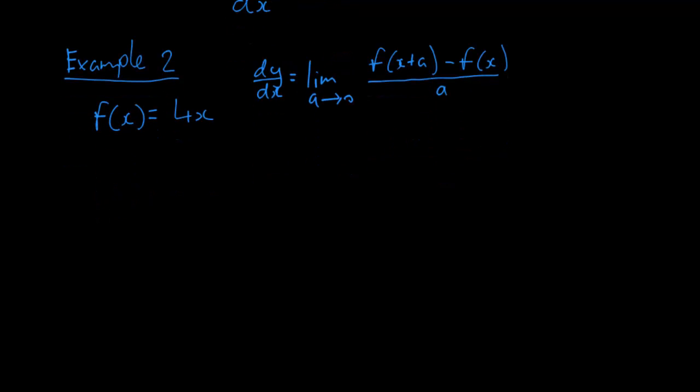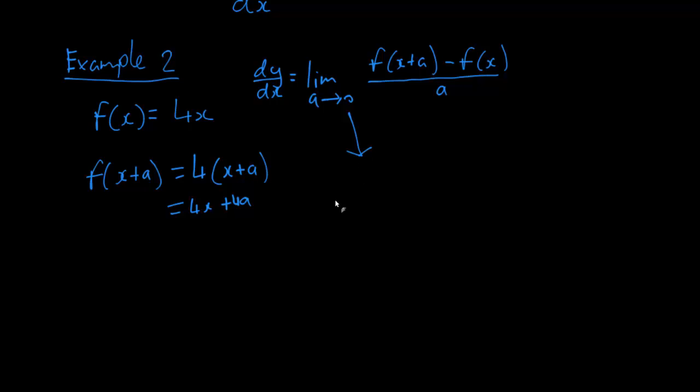So again, we're going to need to figure out, well, what is this f of x plus a business? So f of x plus a, that just means, well, wherever we had an x before, we've now got an x plus a. So that will give us 4 lots of x plus a, which, if we expand that out, is 4x plus 4a.